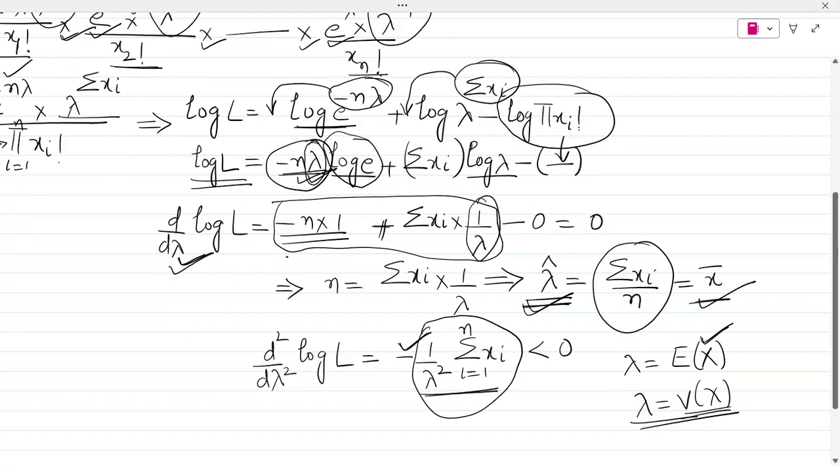Since it is a variance, lambda can never be negative. And here, what are the xi's? They are from a Poisson distribution. In a Poisson distribution, these xi's denote the number of outcomes.